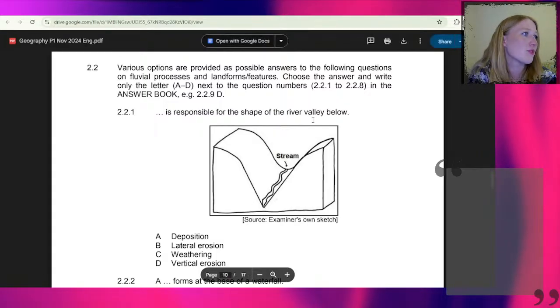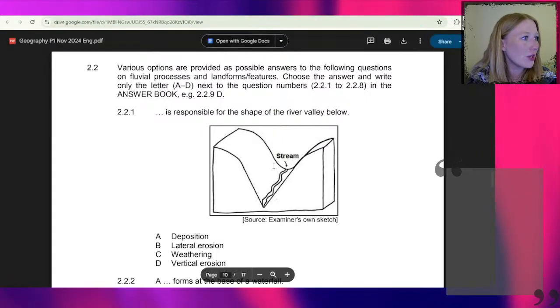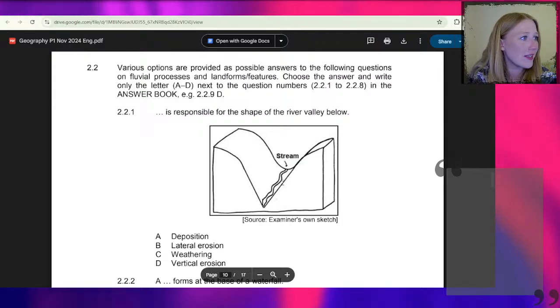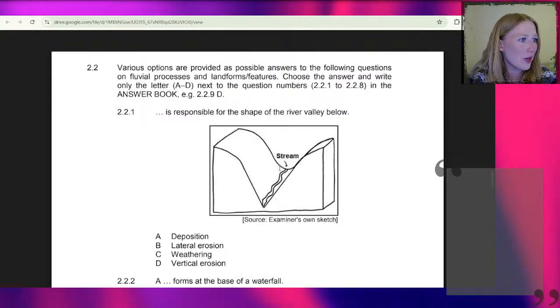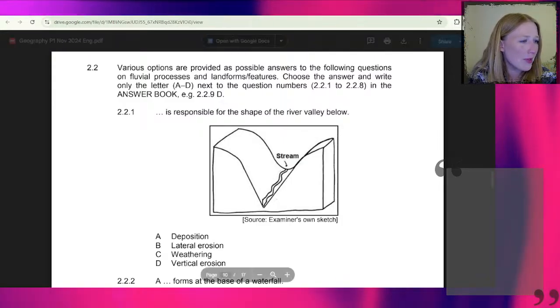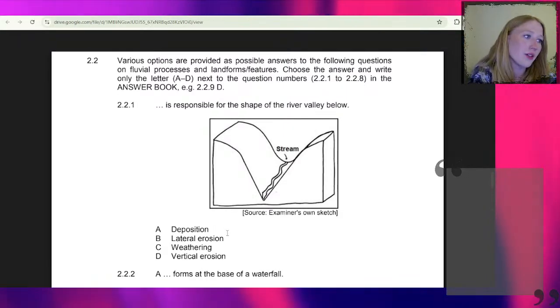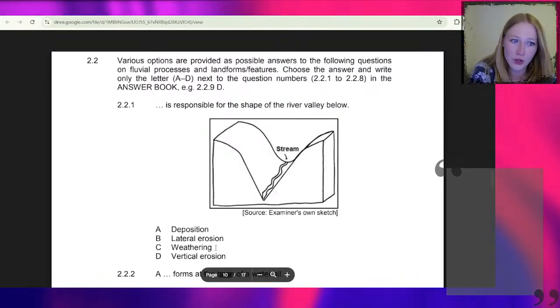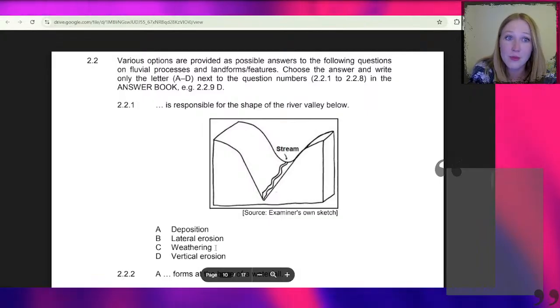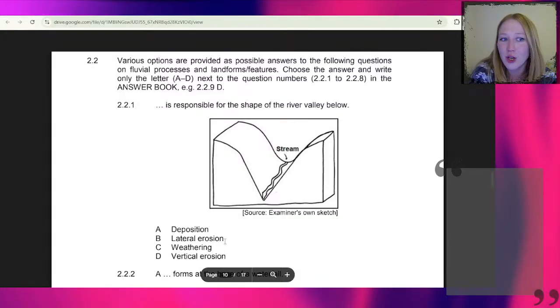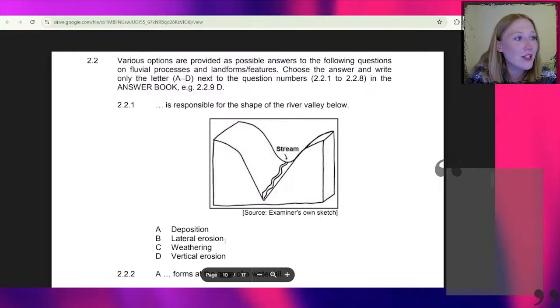What is responsible for the shape of the river valley below? Okay, nice steep-sided valley. So that would definitely be erosion happening at the bottom. So deposition, no. Weathering, no. Weathering is the breaking down of the material. Definitely erosion. Very clever that they have two different options for erosion, lateral and vertical.